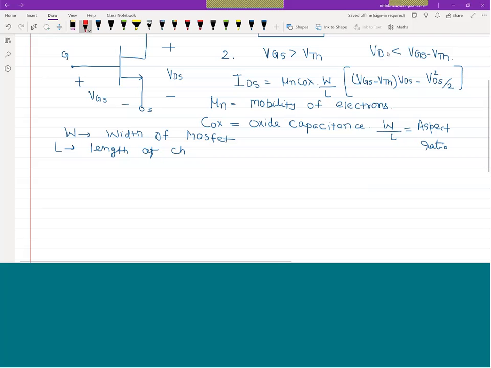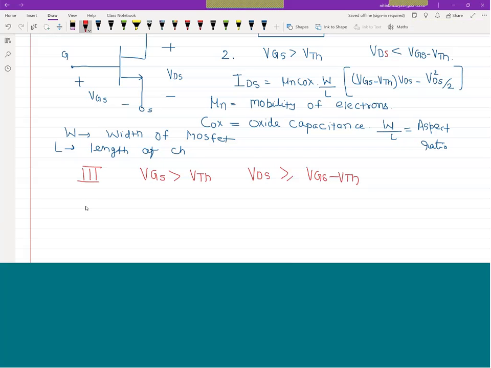And third is when VGS is greater than VTH and VDS is greater than or equal to VGS minus VTH.